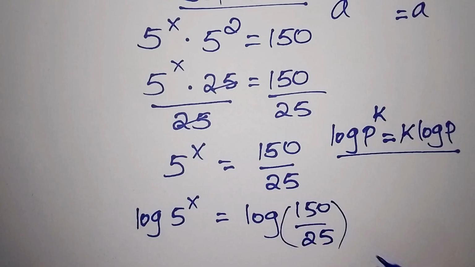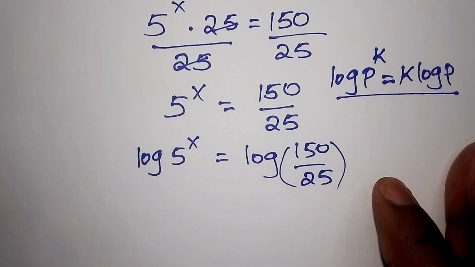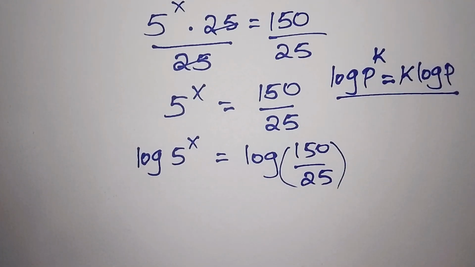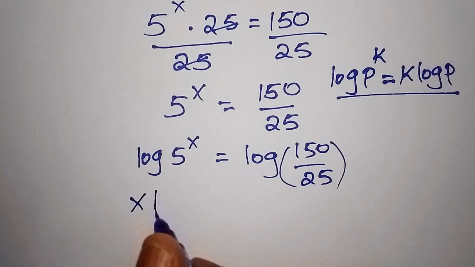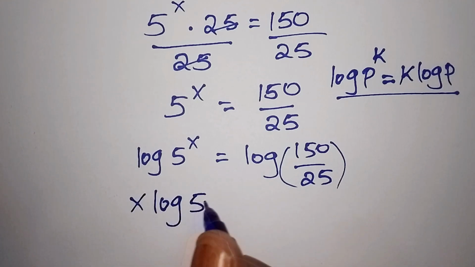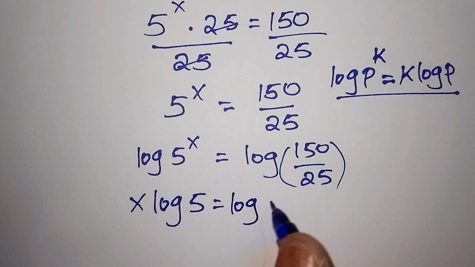Converting into the form k log p, instead of writing the log of 5 to the power of x, we have x log 5 is equal to the log of 150 all over 25.